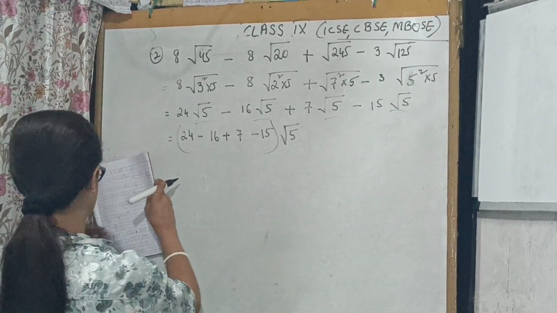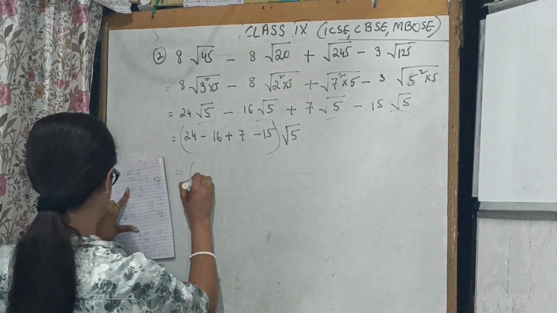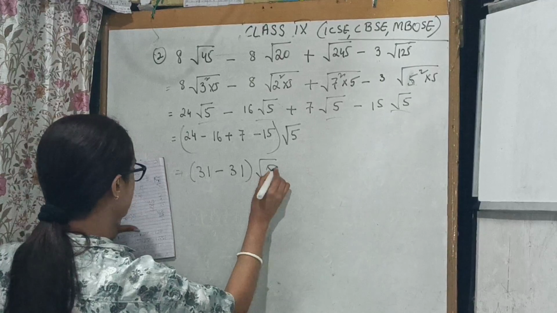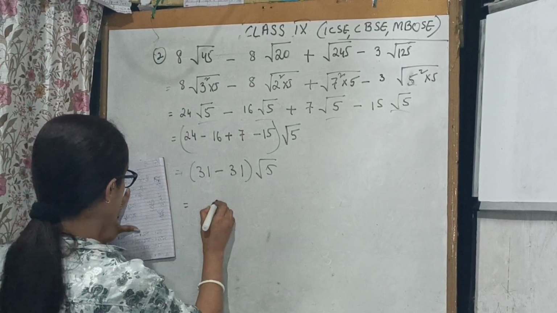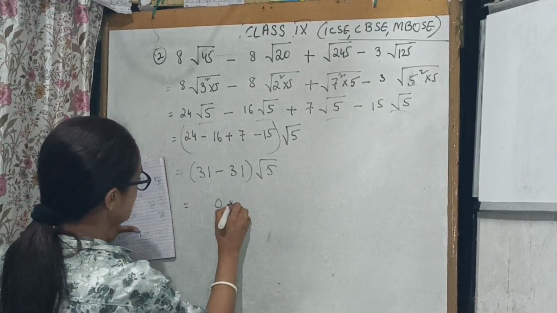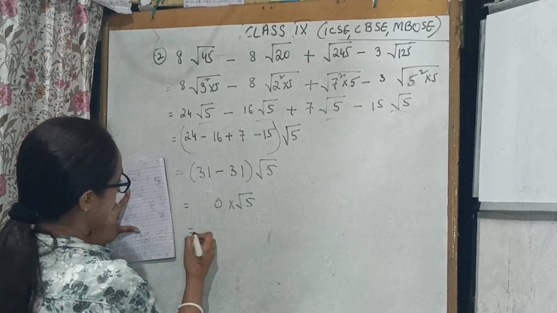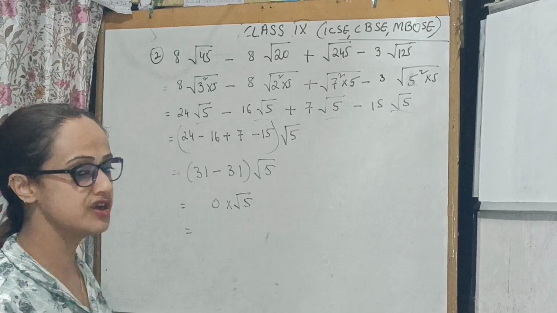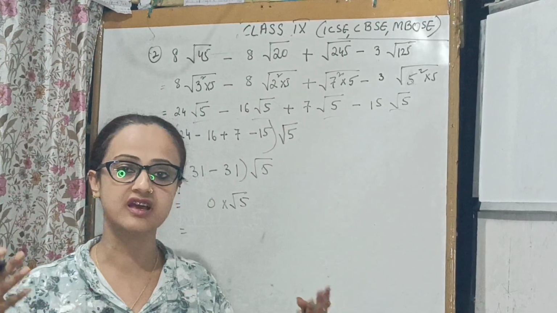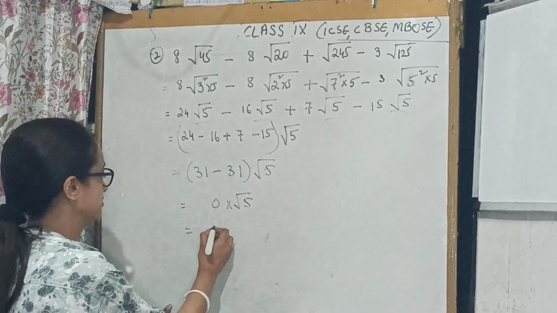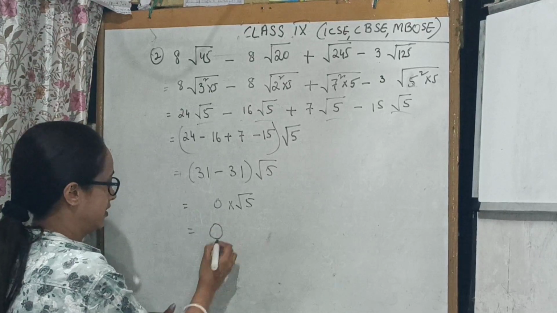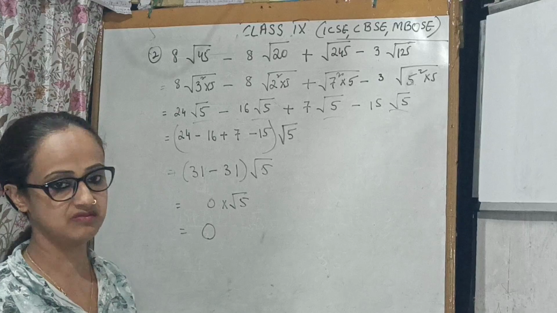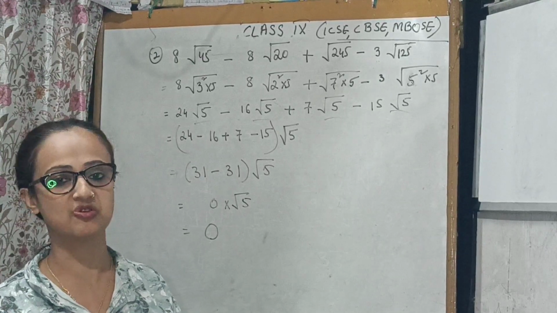Okay. So this is 31 minus 31 into root 5. 31 minus 31 is a 0 into root 5. क्या होगा? कोई बोल देंगे root 5. 0 into any heaven or hell number is always a 0. पर हुआ क्या? इतना मेहनत करने के बाद फल क्या मिला? 0.